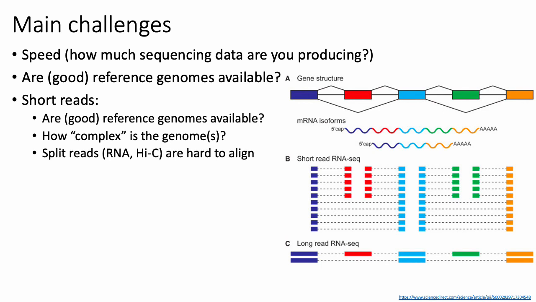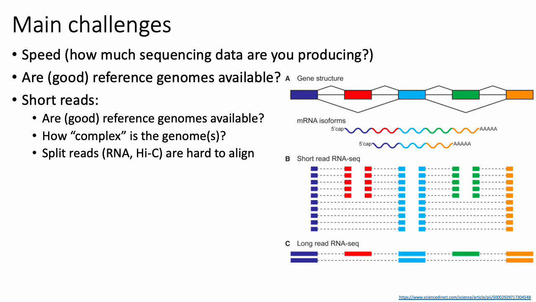I mentioned earlier in the review lecture that alternative splicing is a pretty prevalent occurrence in higher eukaryotes. Suppose that you have a really highly alternatively spliced gene, where some of the exons that get spliced together are pretty far away on the chromosome, and suppose you don't know the structure of your genome ahead of time.